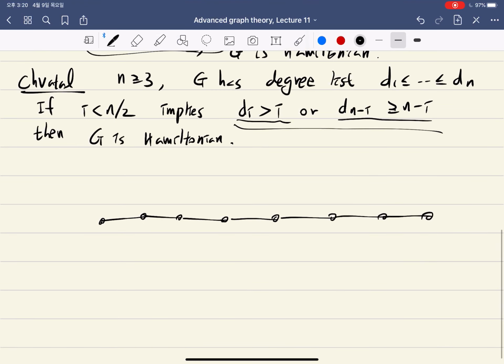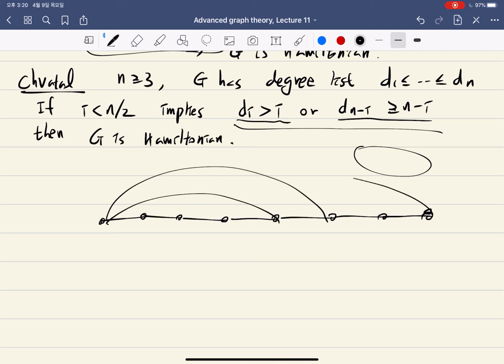Now this is a longest path, so both endpoints do not have a neighbor outside. Otherwise, we get a longer path. So they have all neighbors inside, but as soon as we have two vertices, v1 and say vl, where v1 has a neighbor v_(i+1) and vl has a neighbor vi, then we can get this cycle.